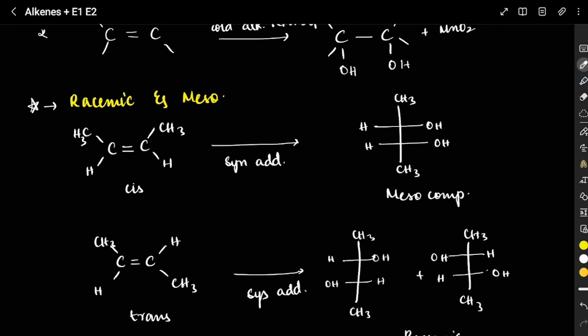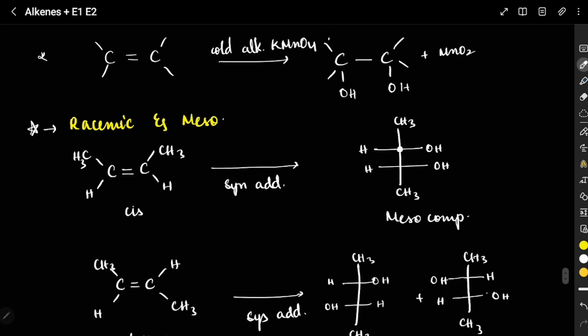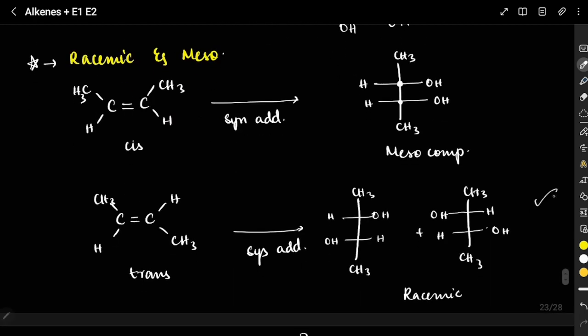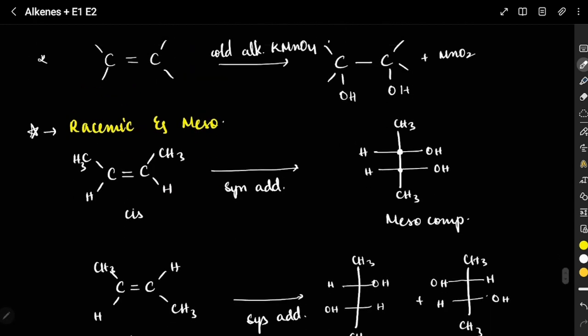What is a meso compound? Because of internal compensation, one chiral carbon shows one absolute configuration and another chiral carbon shows the opposite configuration, so the compound becomes optically inactive. Such compounds are called meso compounds, and the other mixtures are called racemic mixtures. Now the catch comes here.